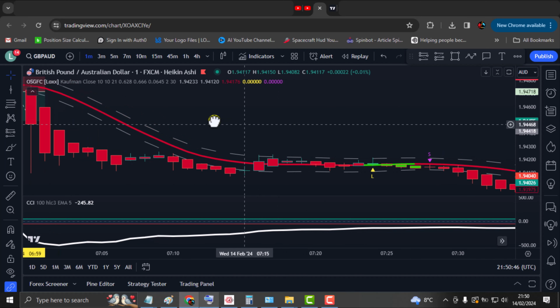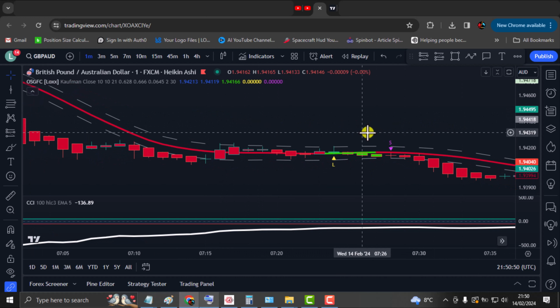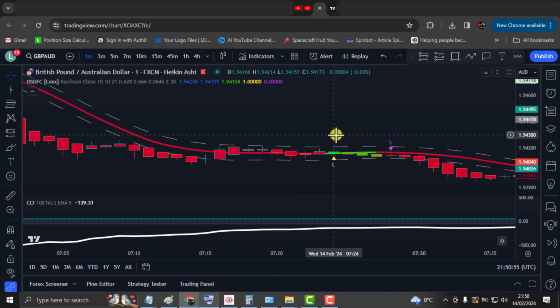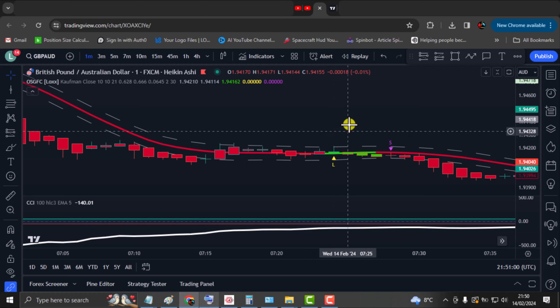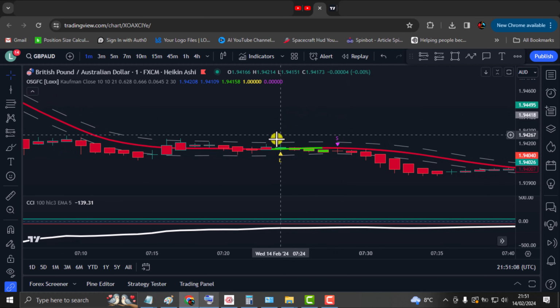So if I go along, I can see we have a buy signal over here. But then when I cross-check it with CCI, remember, guys, CCI is over there to confirm our decision, to confirm the signal given by the OSGF indicator. So when I cross-check it, I see the white line, which is our reference for confirming whether the signal is right or not.